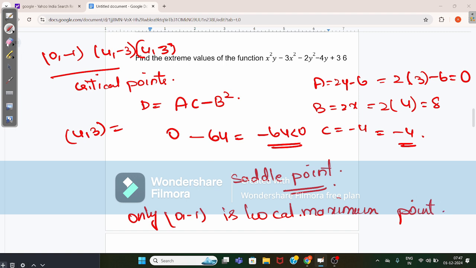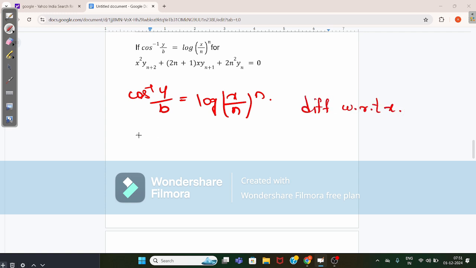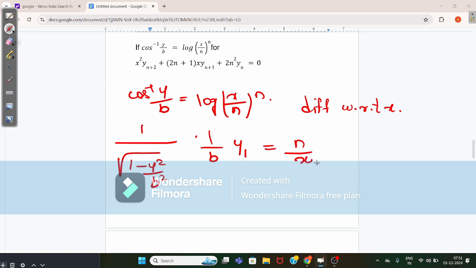Comes to the next question. Consider cos inverse of y by b equals log of (x by n) whole power n. When you differentiate with respect to x, this value becomes 1 by root of 1 minus y square by b square into 1 by b into y dash, and this value becomes n by x.